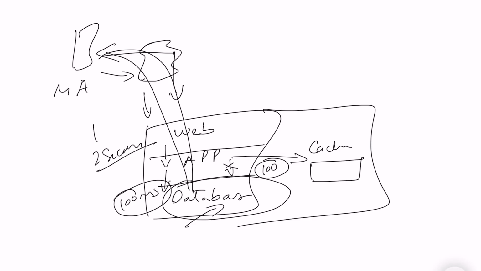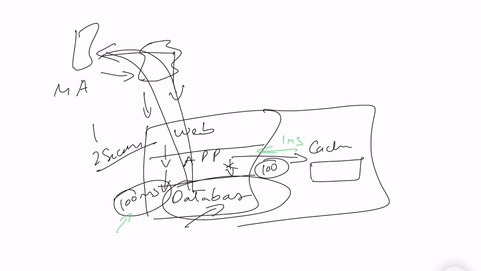So that means if this is 100 milliseconds, then access via the cache will be 1 millisecond. So you can imagine the speed you get if you're accessing something via cache.